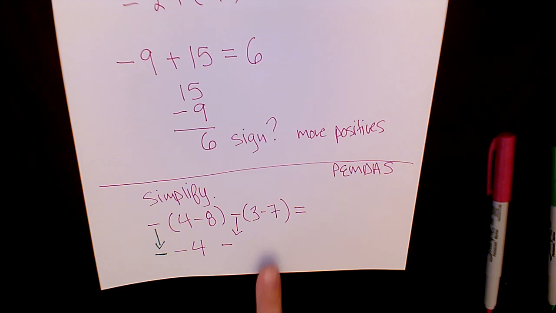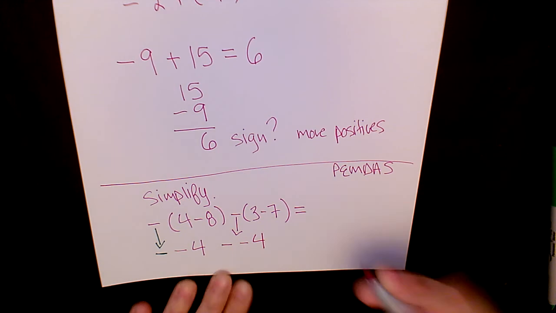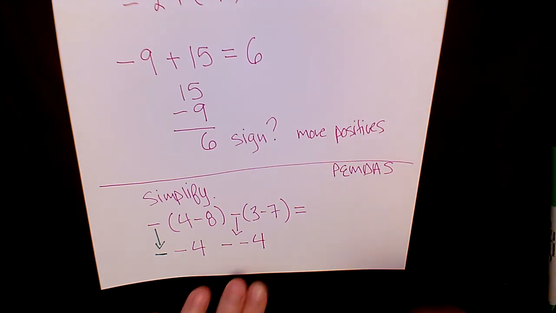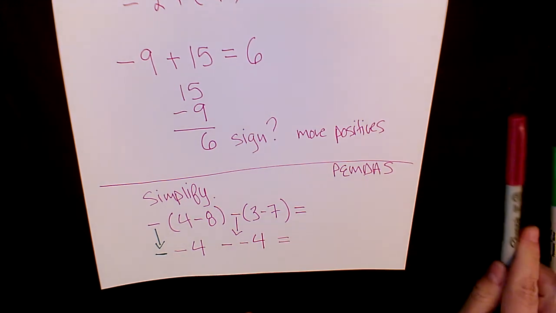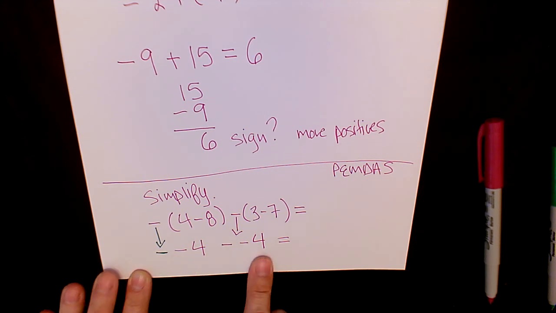Well, that's 4. And there's more negatives with the 7. So it's, again, a -4. So I have a -4 and a -4.